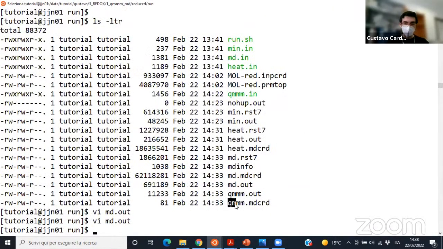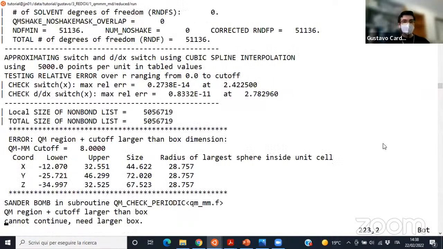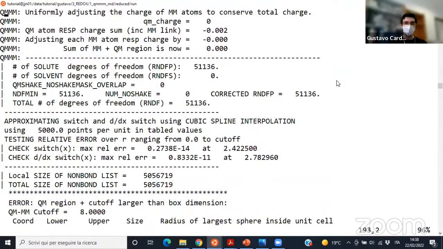Now, I already see that something happened with mine. Please, the other people, let me know if you had any issues with that. If not, then we can go ahead. So I had an issue here. Let's see what it was. Okay, it is complaining for some reason. Quick question: did you also have this issue in your simulations? It is quite odd.